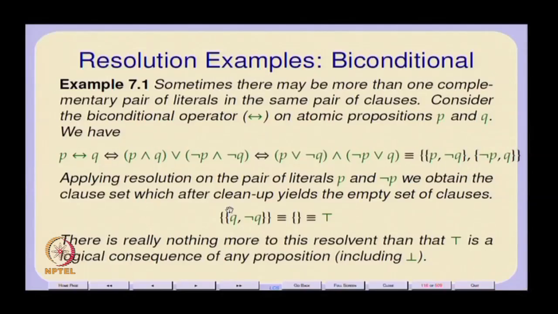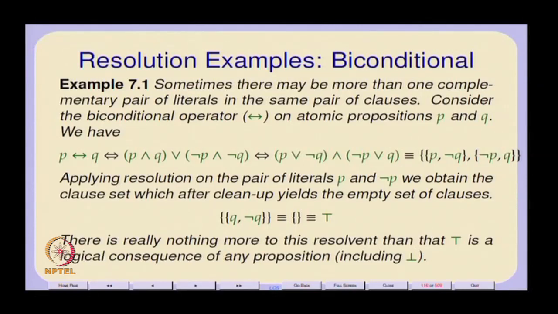So let's look at propositional resolution. Okay, take this example. Take this biconditional, P biconditional Q, and here I am considering only propositions. This P biconditional Q is equivalent to this, which comes down to this set of clauses: P comma not Q, not P comma Q. So supposing now I have a set containing two clauses, and the two clauses have at least one pair of complementary literals.